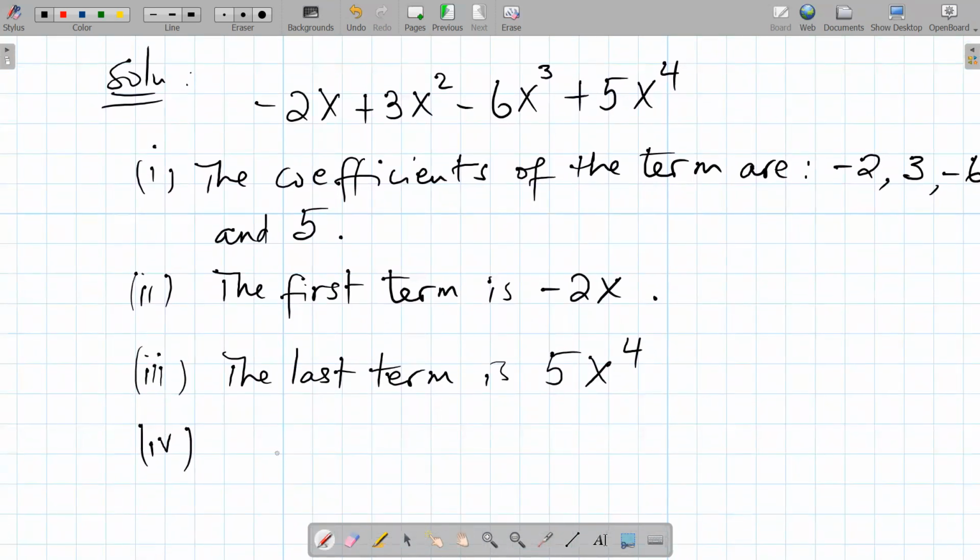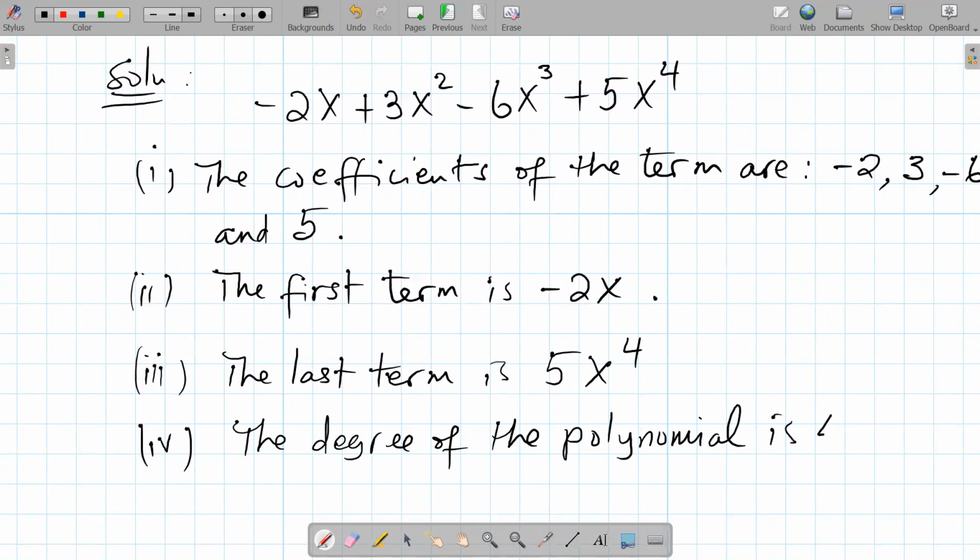Okay, so from the polynomial given, the degree of the polynomial is 4.